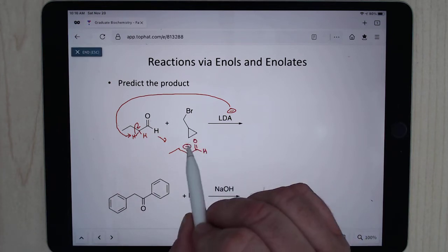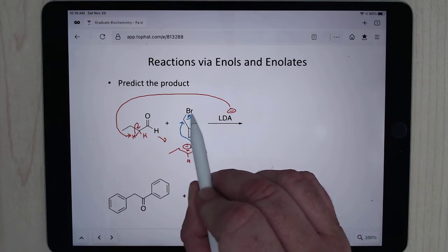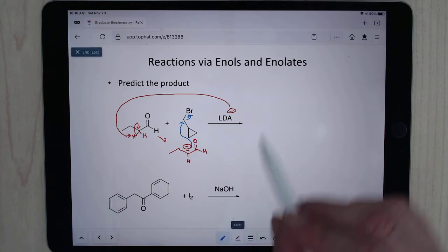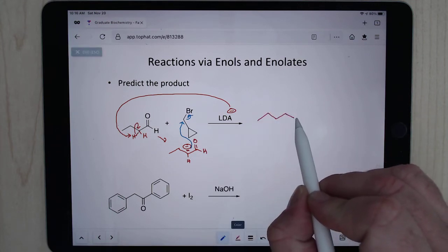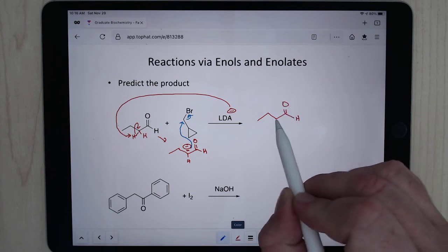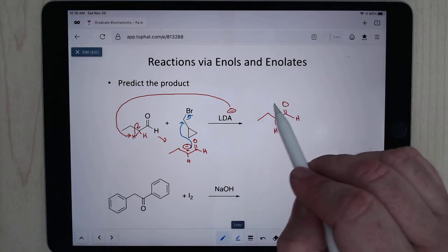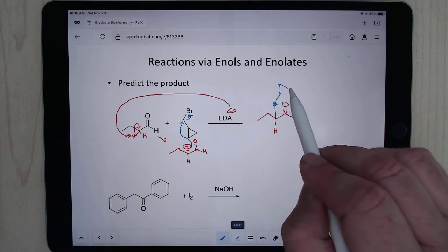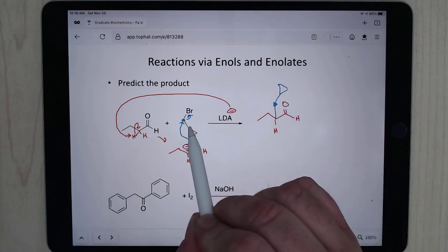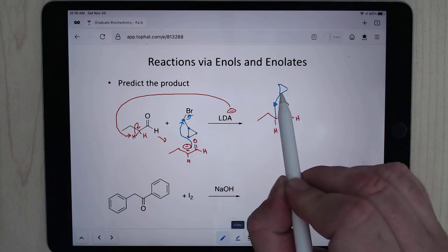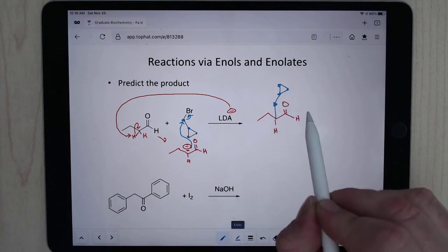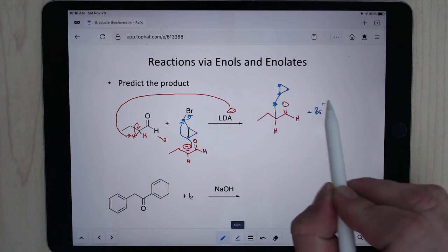And then that can come in and attack this good leaving group here. And so what you would end up with is this, plus Br minus.